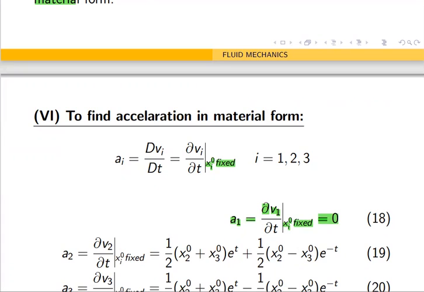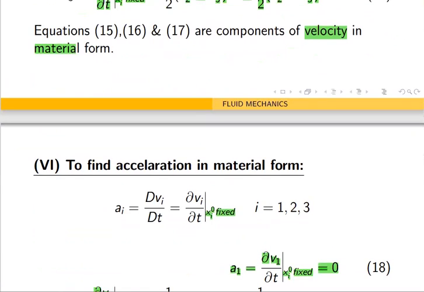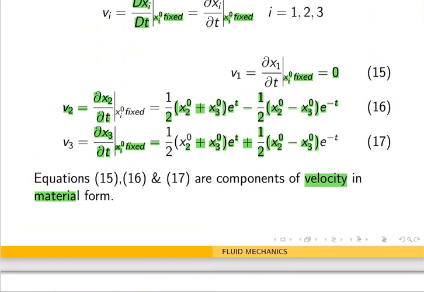Call it 18. Now what is A2? Dou V2 by dou t with xi naughts fixed. Look at V2, which is given by equation 16. So what we are going to do is keep xi naughts constant and differentiate with respect to t.